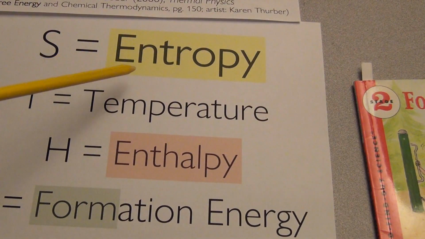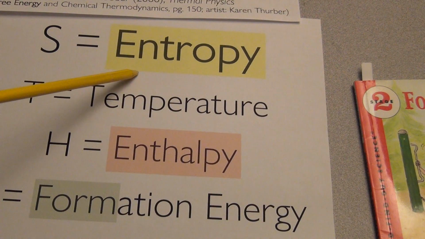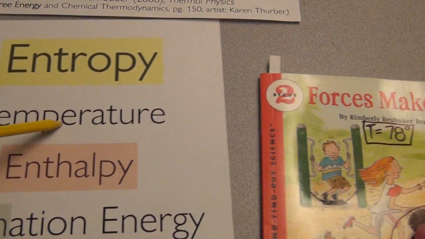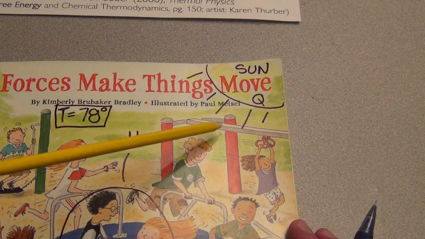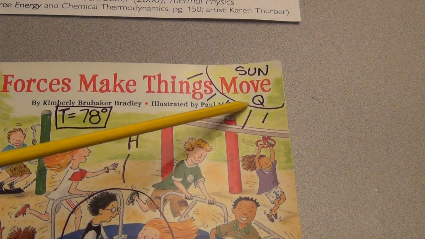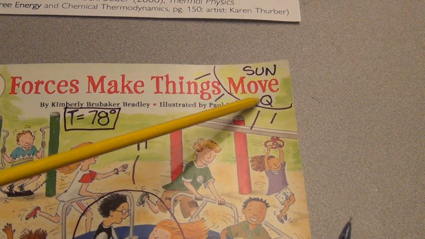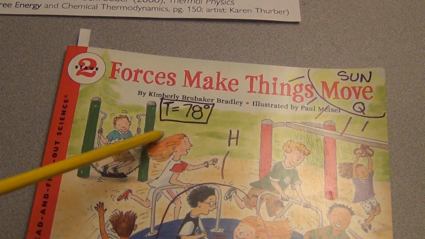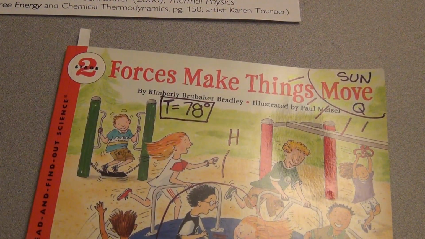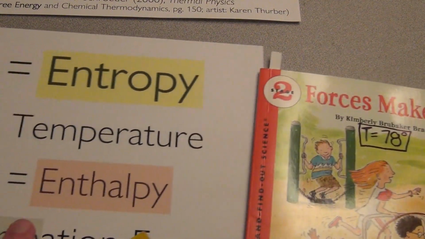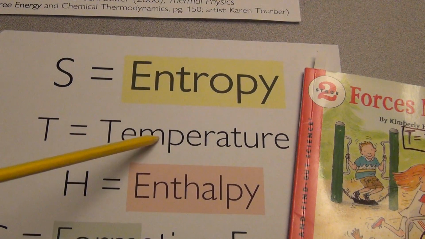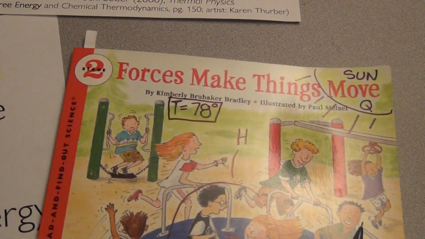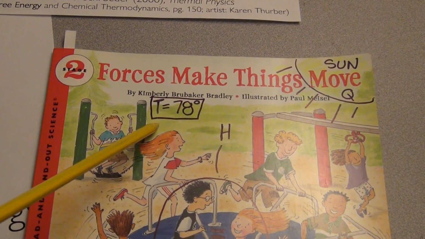S equals entropy. That is units of heat divided by units of the temperature. T is the temperature, which is how warm it is on the playground.